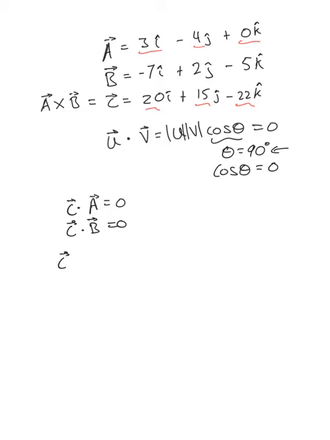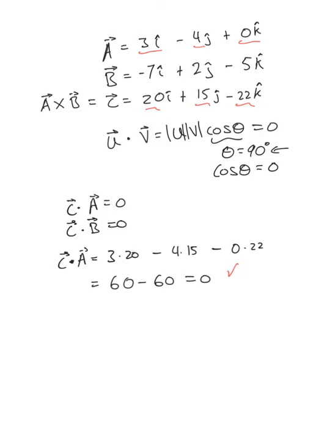So for C dot A, we get 3 times 20 minus 4 times 15 minus 0 times 22, which leads to 60 minus 60, which is 0, as expected. So C is perpendicular to A because the dot product of C with A is 0.